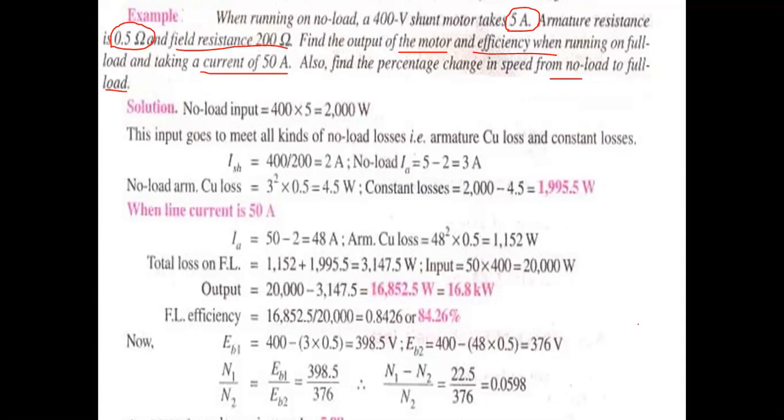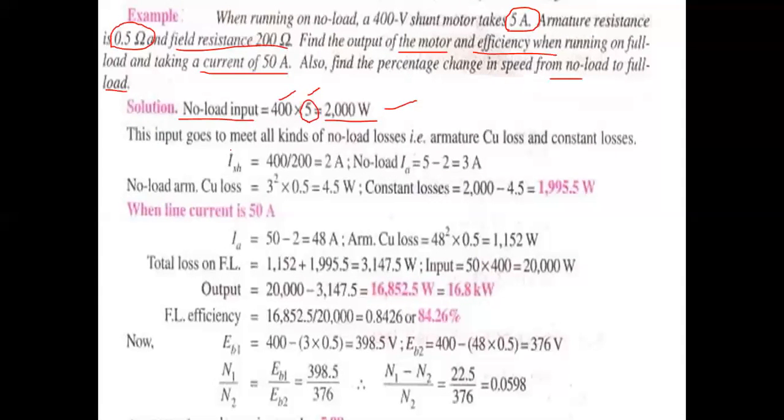Then first we have to find the no load input power. For calculating no load input power, we have to consider the no load input current, which is 5 amperes. 400 volts is the input voltage, 5 amperes is the input current. Multiplication of those two gives 2000 watts, or 2 kilowatts, as the input power.